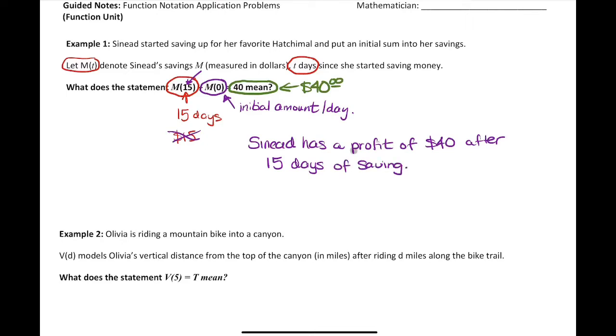So what does that really mean? Sinead has a profit of $40 after 15 days of saving her money. So she's almost there. I'm not sure how much Hatchimals cost, but maybe you can just ask Sinead, because I think she's got like 20 or 30 of them. You can ask her. I'm not sure.